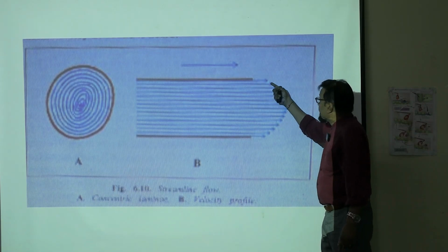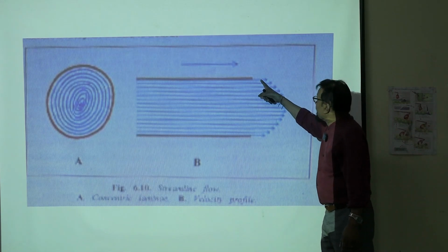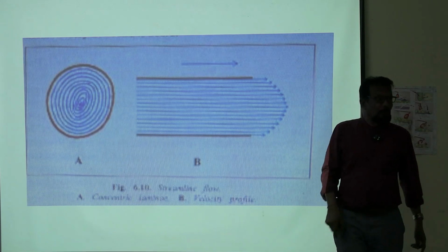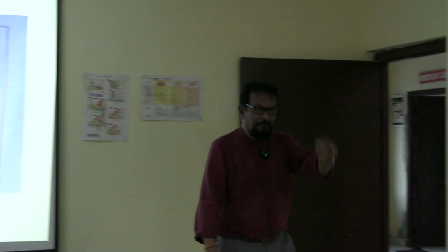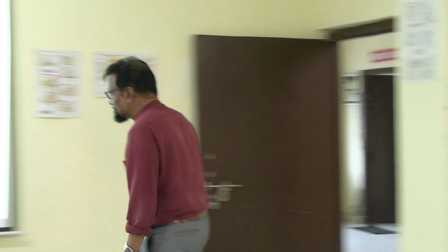Its velocity will be relatively higher. In this way, the central layer will have the highest rate of flow. Highest rate of flow means this part.